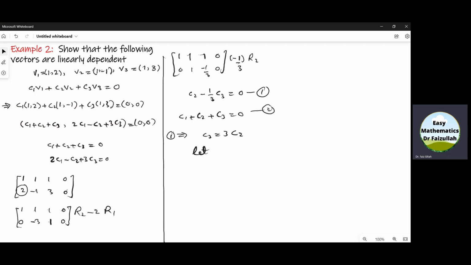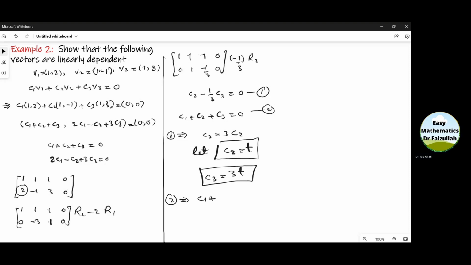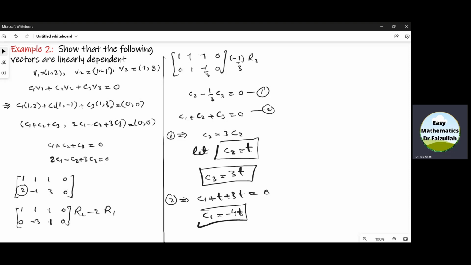So here we let C2 equal to some non-zero real number t. Then C3 becomes equal to 3t. Now using the values of C2 and C3 in 2, we get C1 plus t plus 3t equal to 0. From this we get C1 is equal to minus 4t.